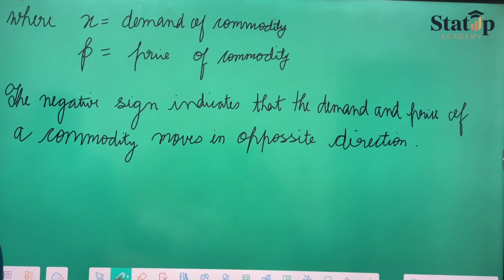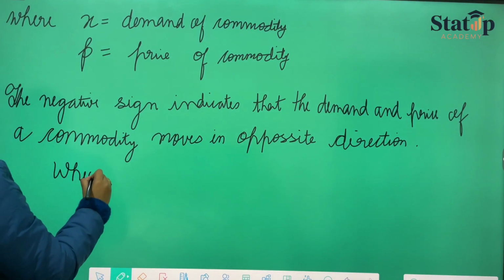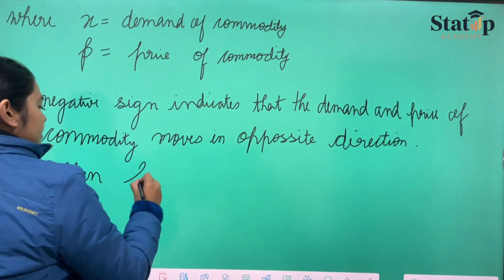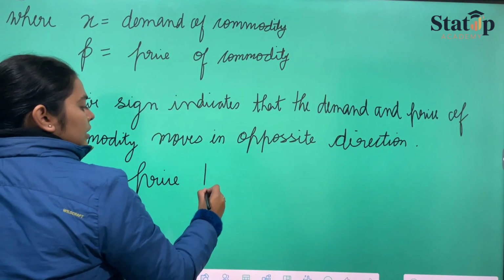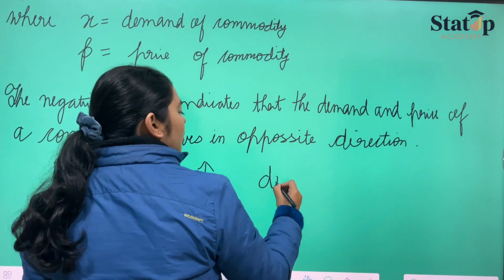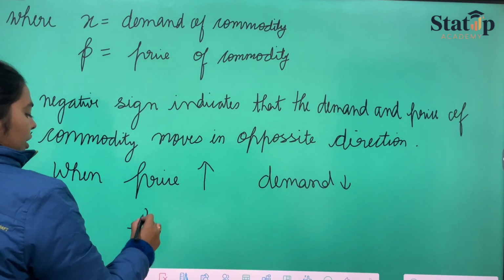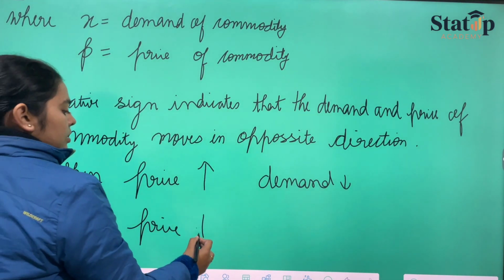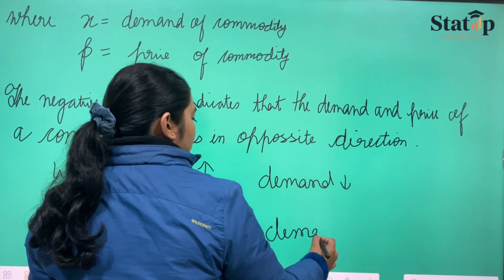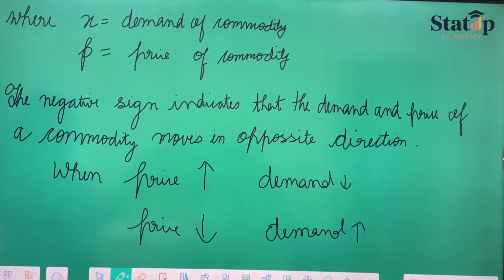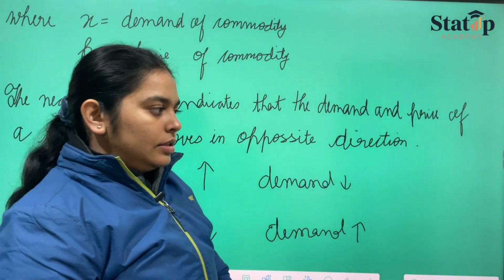You can also mention that when the price of this commodity increases, then the demand of this commodity decreases, and vice versa, when the price decreases, then the demand increases. I'm writing arrows; you can write increases and decreases, whatever you feel like. Either is correct. Now here we have defined what price elasticity of demand is.